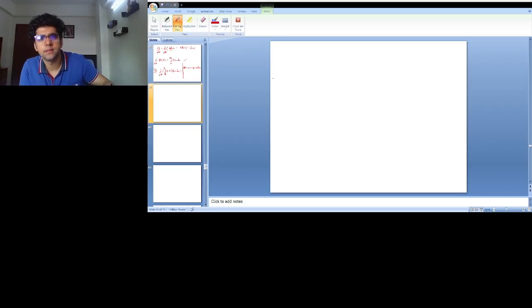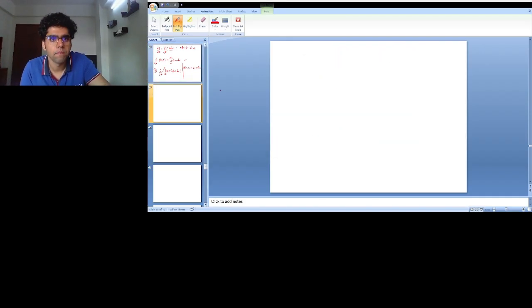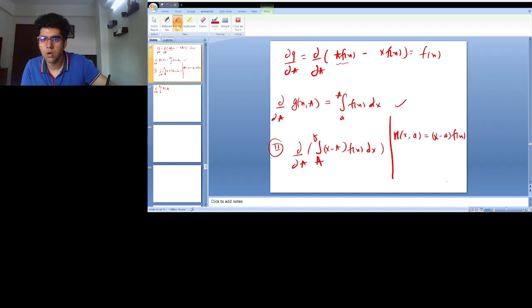So my h(x, a) is (x minus a) f(x), and we need to find the partial derivative of the integral of h(x, a), right? So what we need to find is del by del a, integrating from capital A to small b, of h(x, a). I wrote this incorrectly.